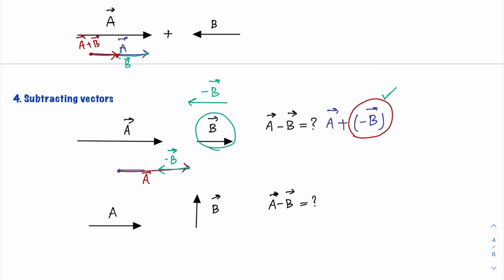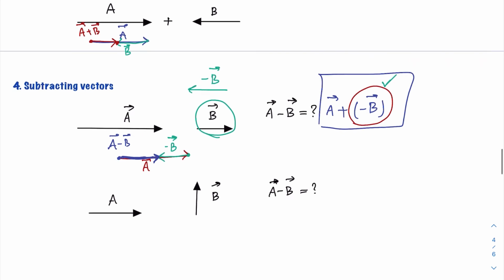Again, I connect the tail to the head. And this blue vector here represents the resultant vector, which is vector A minus vector B. So in subtraction, we need to use this technique.